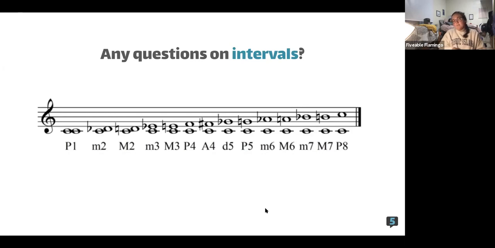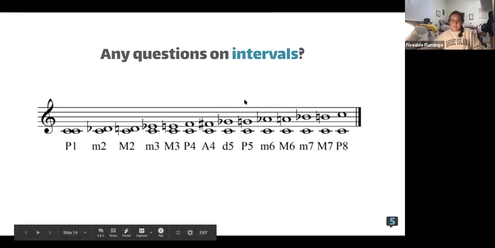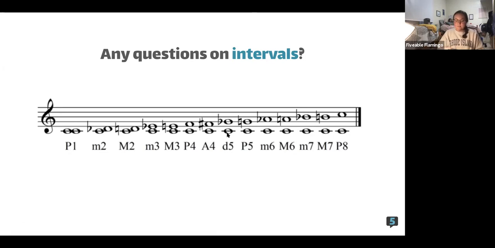And that's both the A4 and the D5 here. You can just cross out in your head. That's called a tritone. And we have perfect fifth, minor sixth, major sixth, minor seventh, major seventh. And then finally an octave.